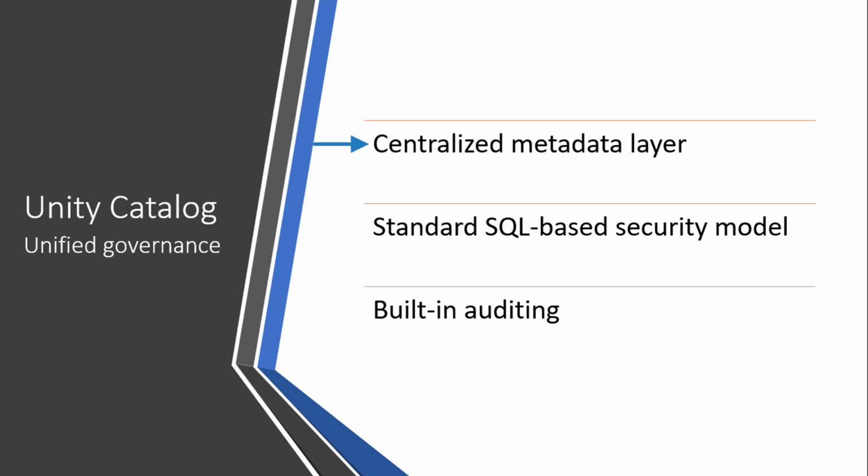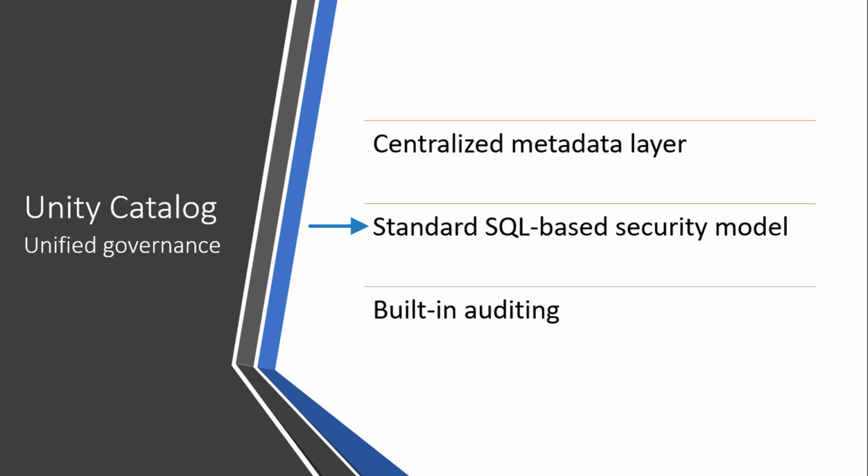Unity Catalog allows you to implement a centralized metadata layer. So, your databases, tables, and views can be shared across multiple workspaces. It allows you to use standard SQL syntax to grant database, table, and view permissions.